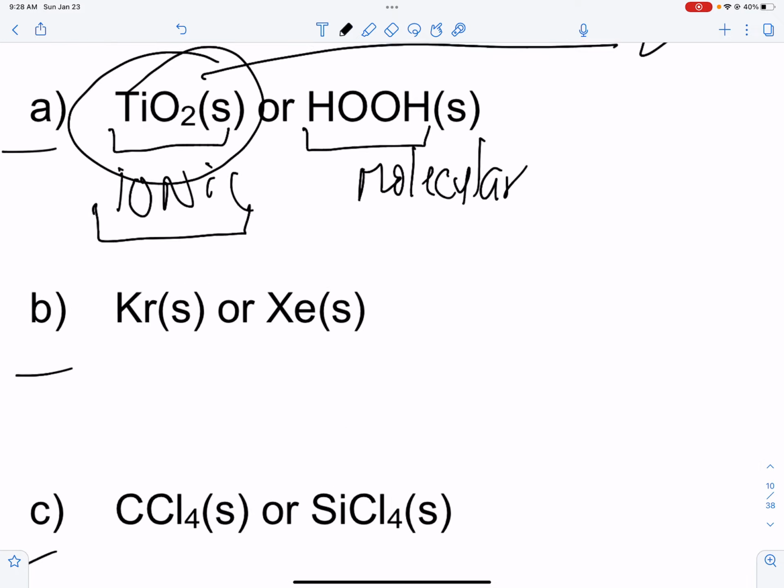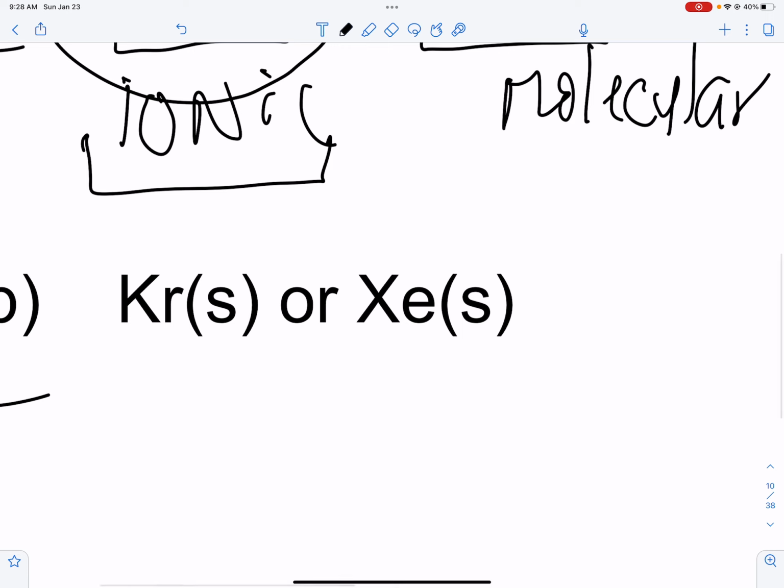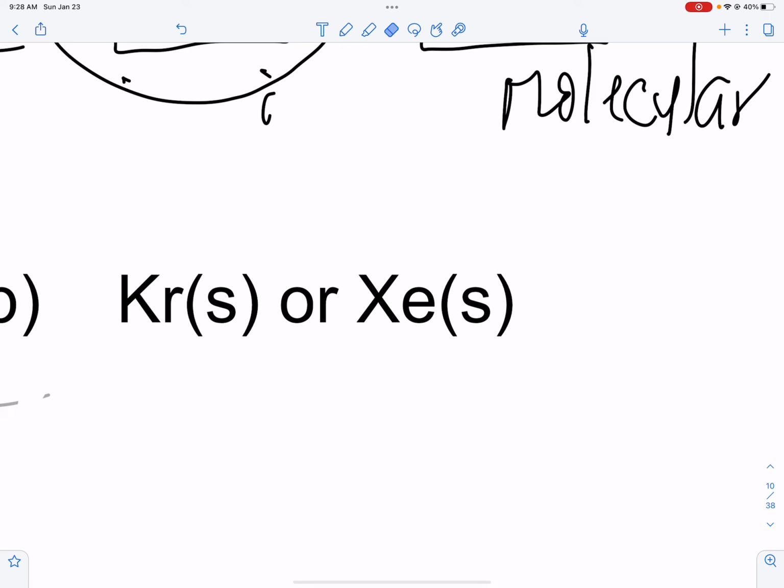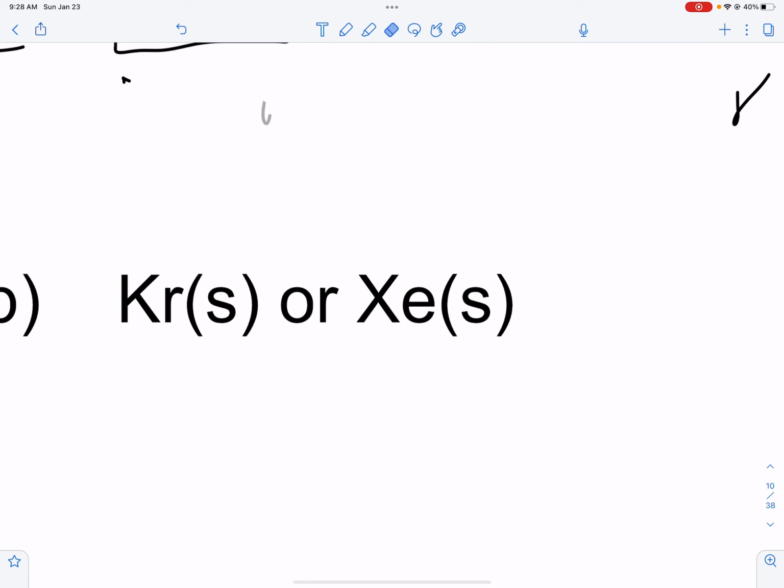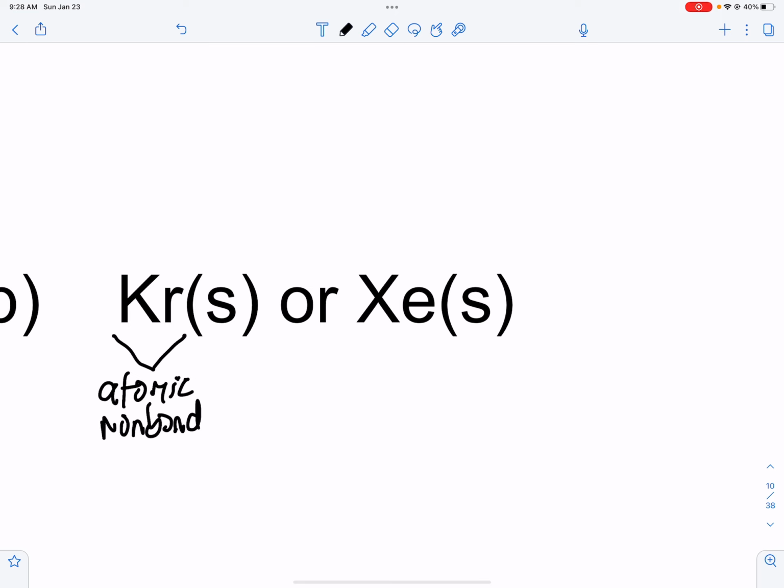What about this one here? This one, krypton, is a noble gas. So this is going to be atomic non-bonding. Versus xenon, which is another noble gas, atomic non-bonding.